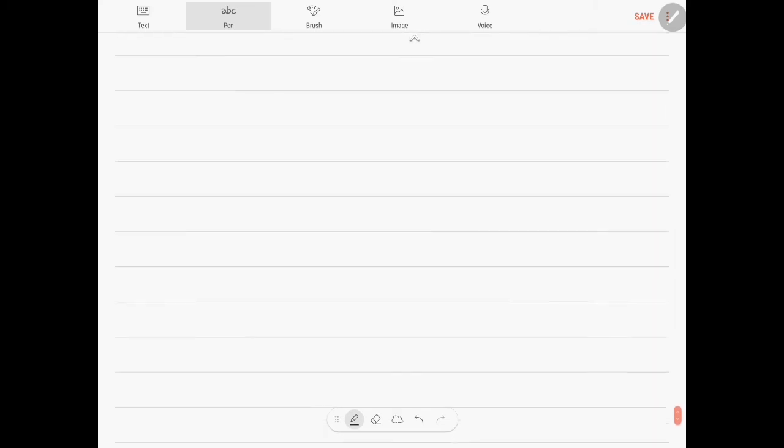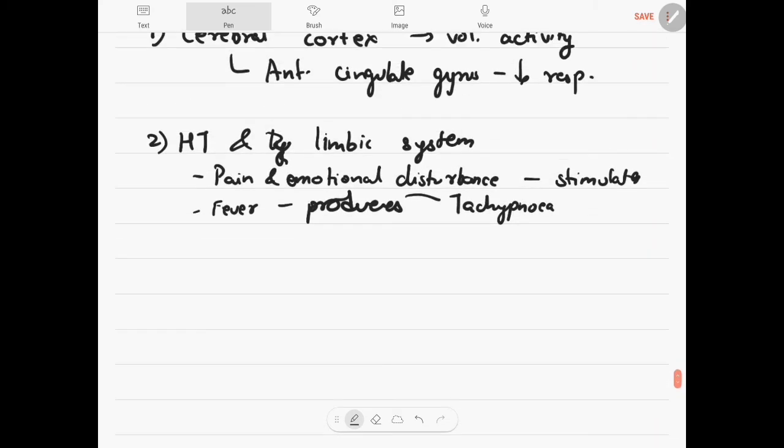So those are the two: first is the cerebral cortex, the other is the hypothalamus and the limbic system.